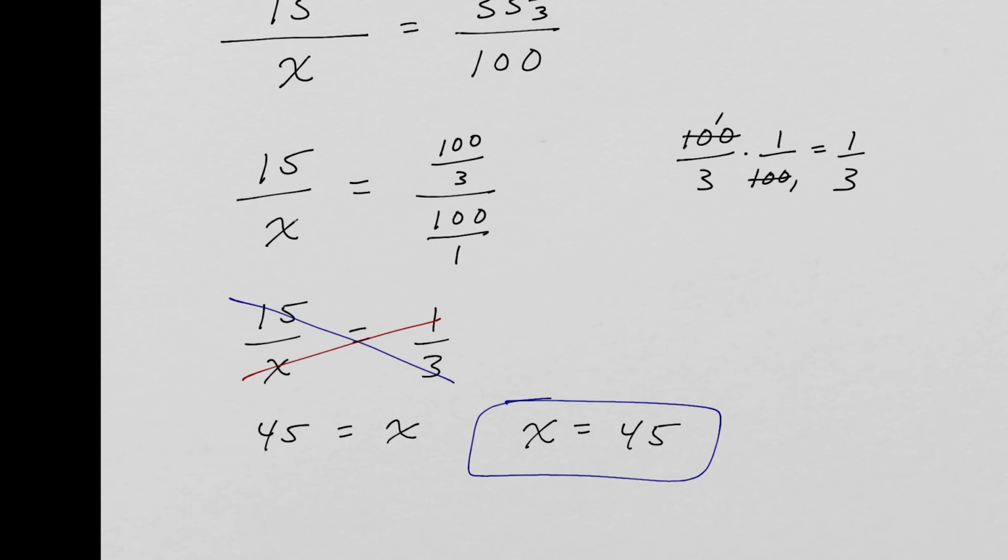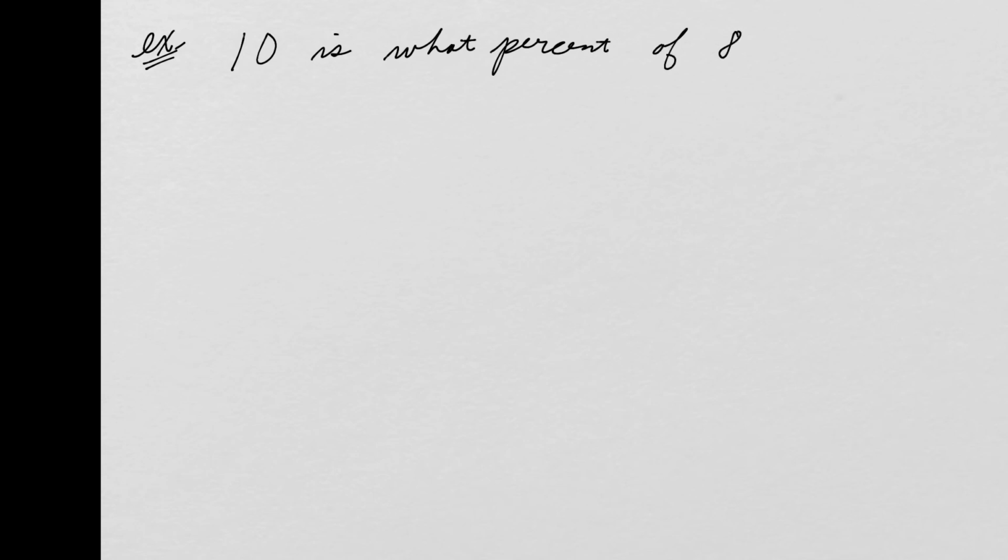Okay, what if the unknown is a percent? So let's say I have a problem like this. 10 is what percent of 8? Okay, so I want to solve it using proportions.